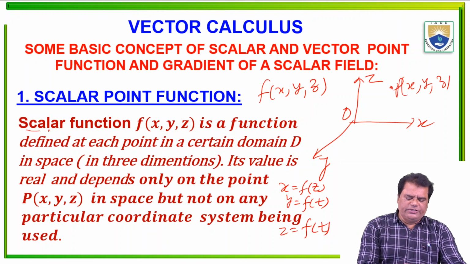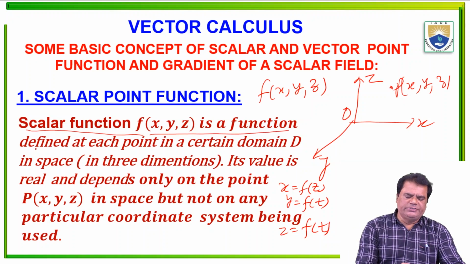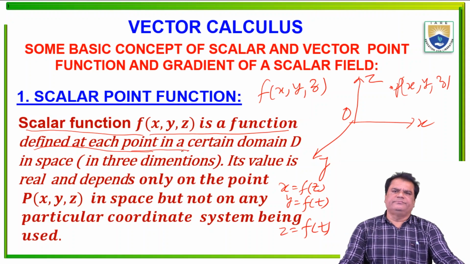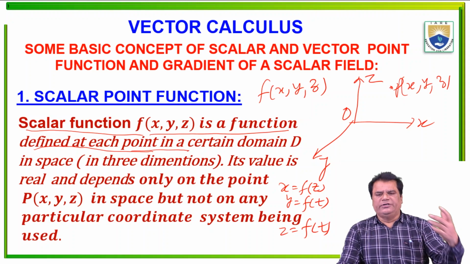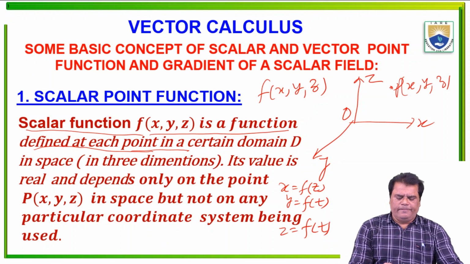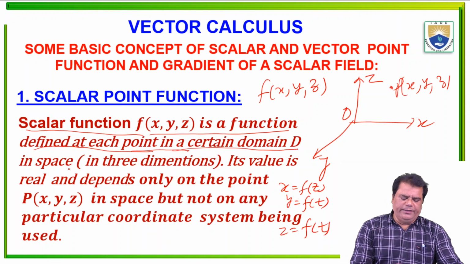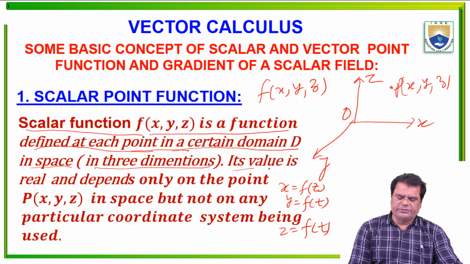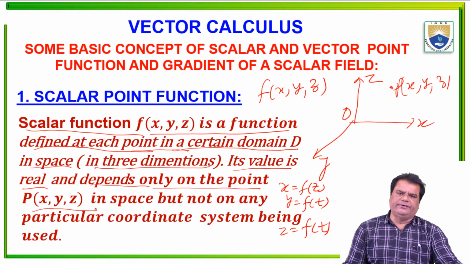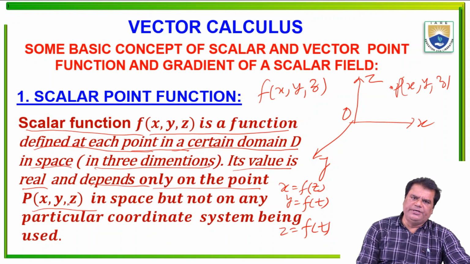A scalar function f(x, y, z) is a function which is defined at each point, every point has its own function value, in a certain domain D in space in three dimensions. Its value is real and depends only on the point P(x, y, z). The position of the point is P(x, y, z), then the value of the function at P is f(x, y, z).